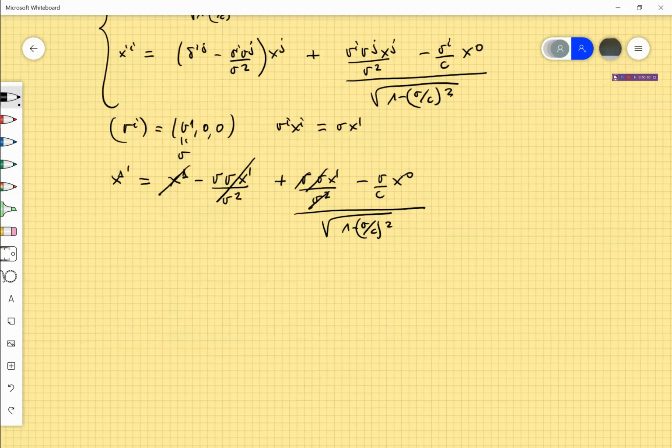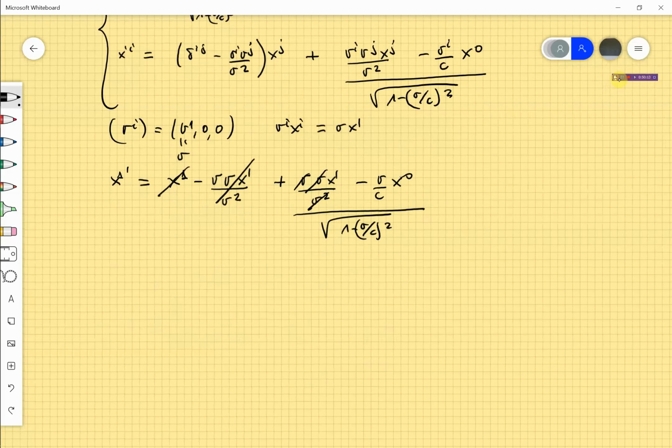However, if you consider another direction like x2 prime, this is delta 2j, so it's only x2 that appears here, minus v2, but v2 is 0 with this assumption. So you only get x2, plus v2 is 0, so the third term vanishes and the fourth term vanishes too.